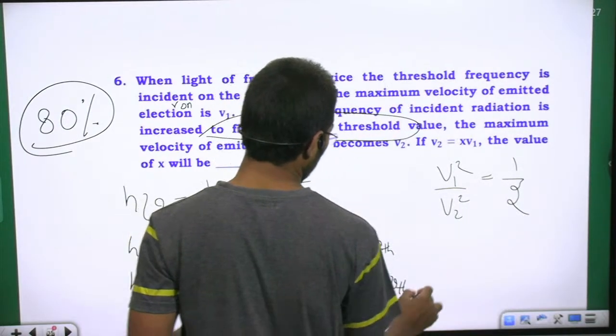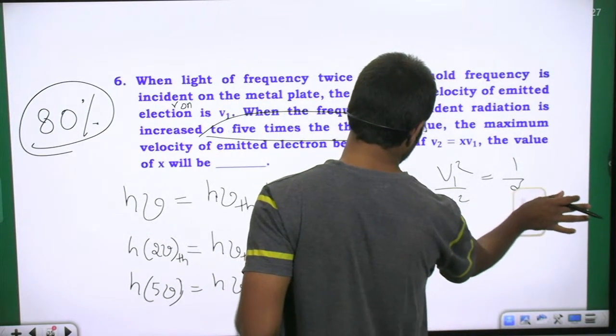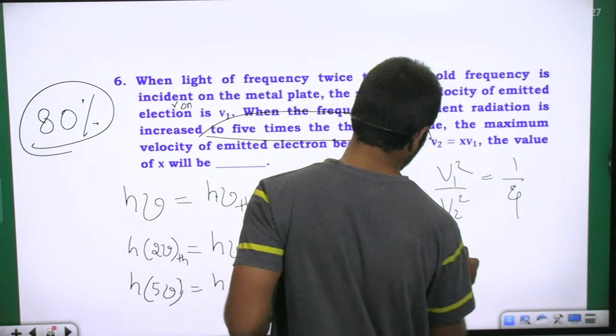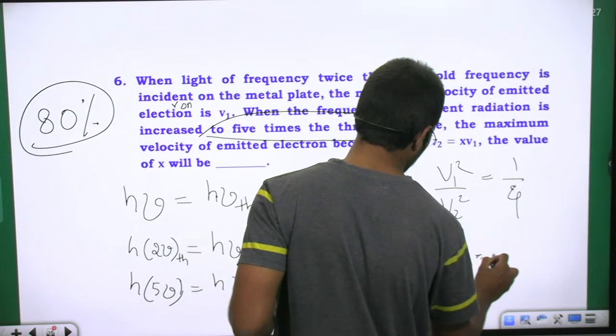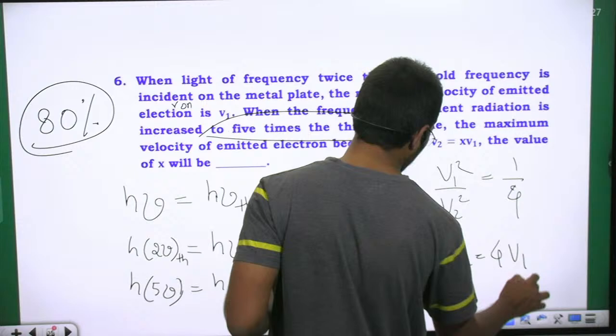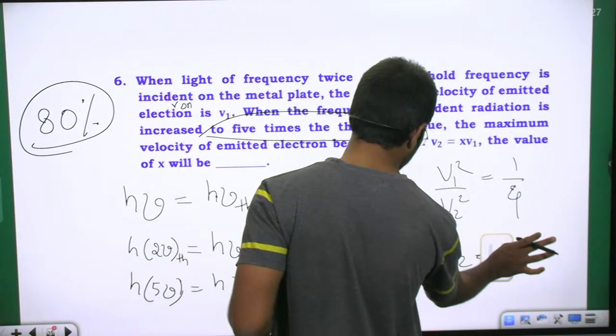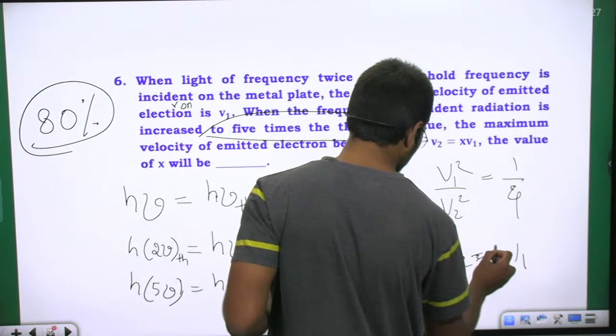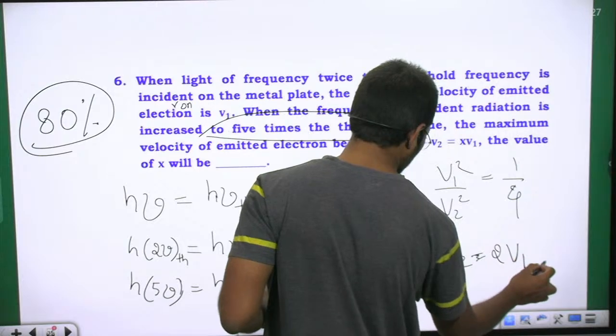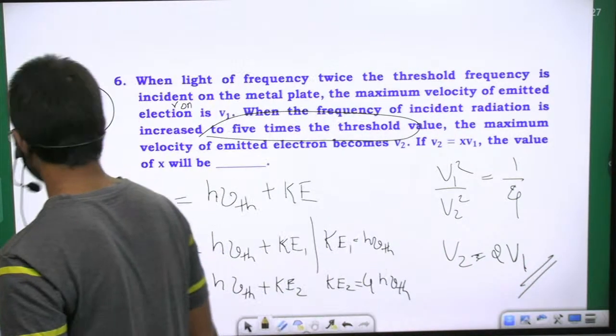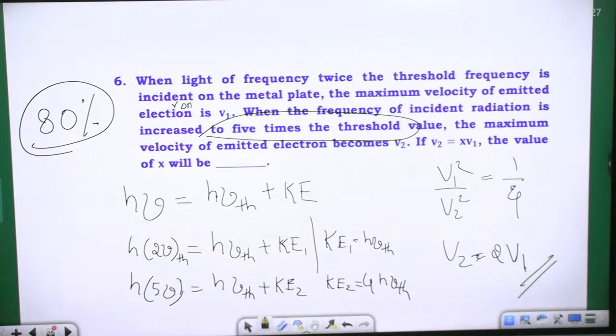So V2 is equal to 4 V1. Sorry, 2 V1. 2 V1. Okay, that's how we will be solving the problem.